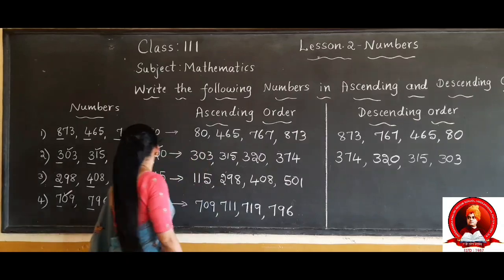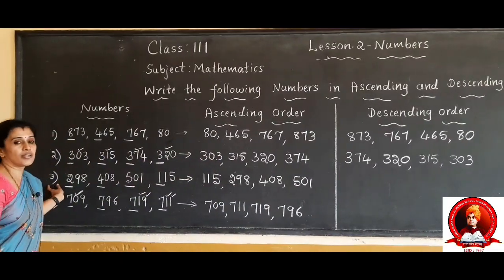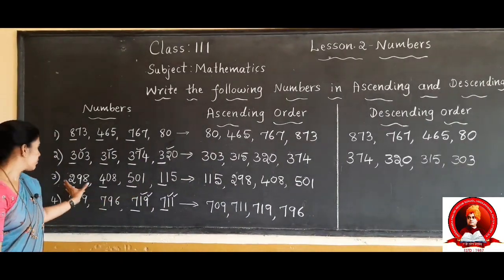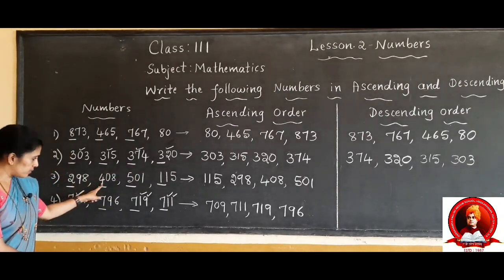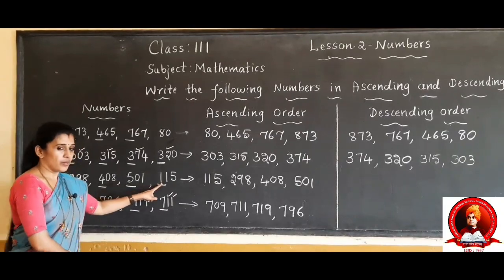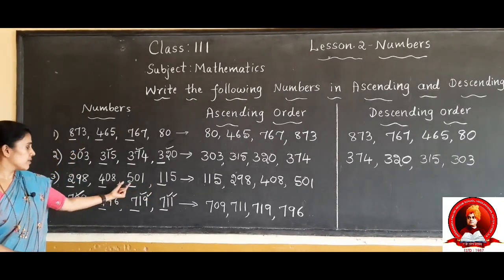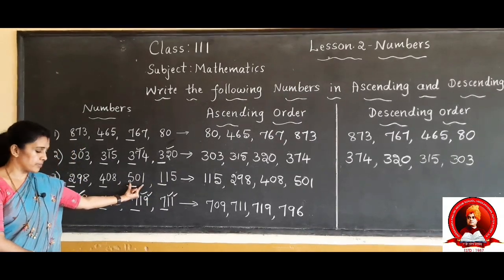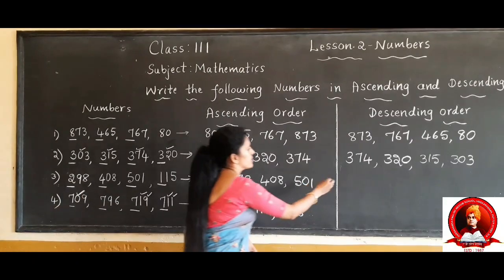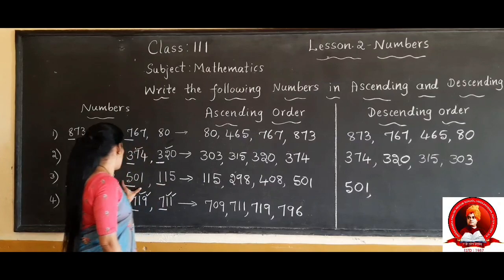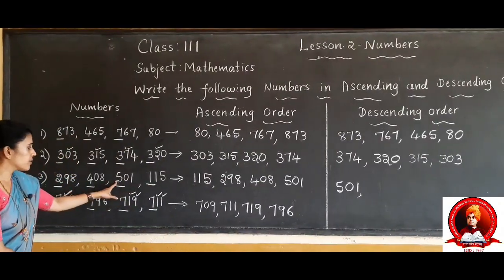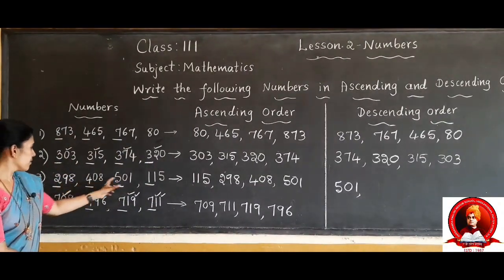Now the third one, children. Let us find out the greatest number in the given numbers. 4 numbers are here. So 2 is in hundreds place. Here 4, here 5, here 1. Which is the greatest number, children? Yes, you know it, 5. So that number is 501. Let us write here first 501. After 501, which is a smaller number, children?